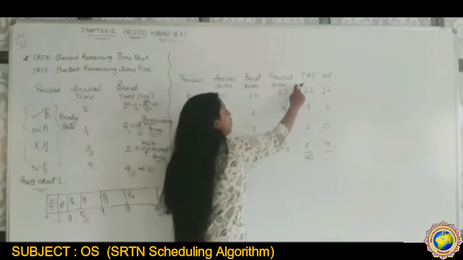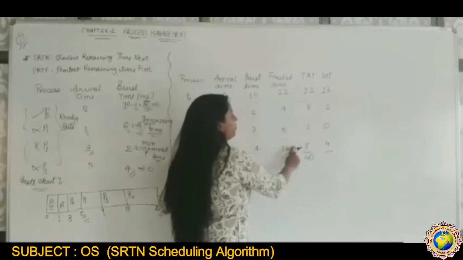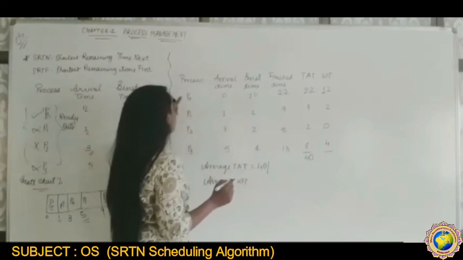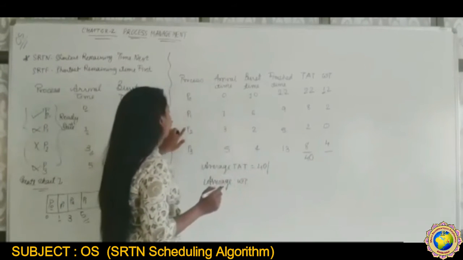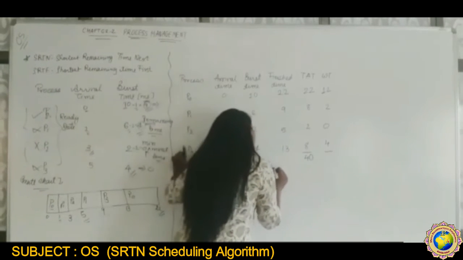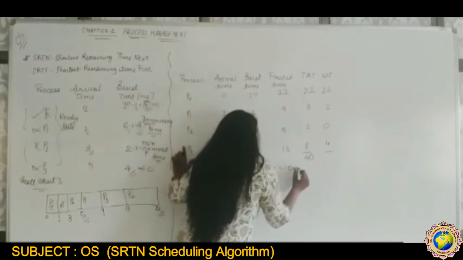So the summation of all the turnaround times is 40, divided by the number of processes P0, P1, P2, P3, which is 4. So 40 divided by 4 will be 10 milliseconds.